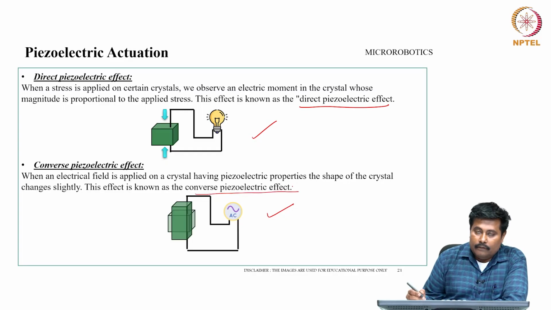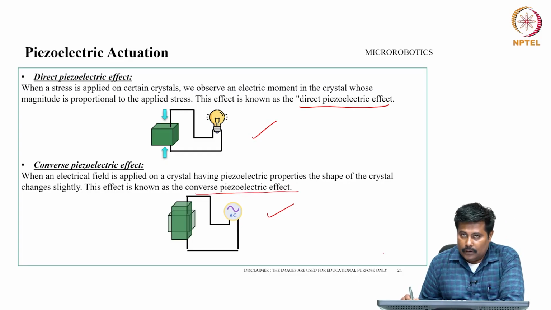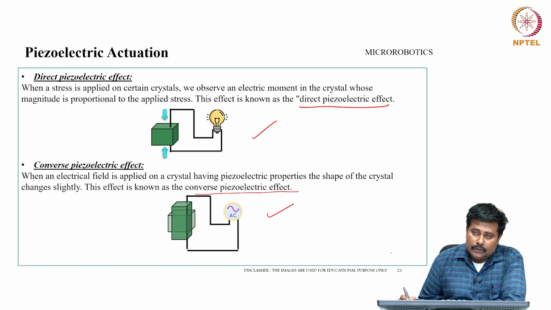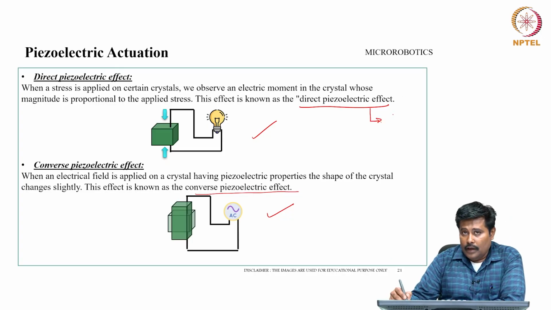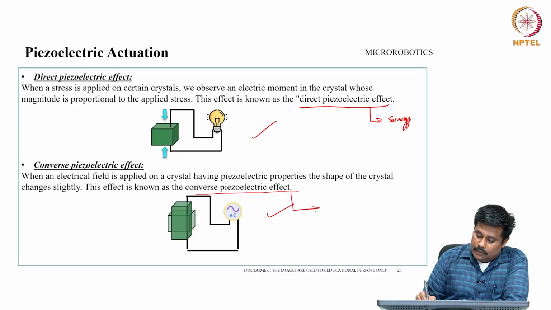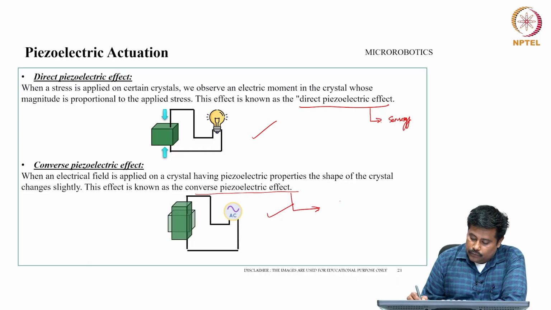So, ideally, from a functionality point of view, the direct piezoelectric effect is used for sensing related applications, and the converse piezoelectric effect is used for actuator related applications.